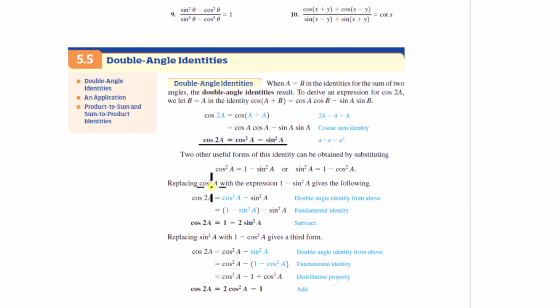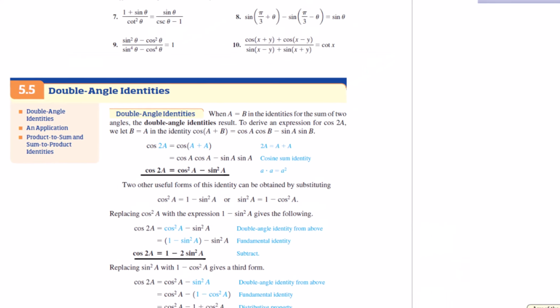They first replace the cosine squared with 1 minus sine squared and simplify and get another form of the double angle identity for cosine. Then they replace sine squared with 1 minus cosine squared, simplify, and get another form. So there are 3 double angle identities for cosine. Double angle meaning it's cosine of 2 times an angle.